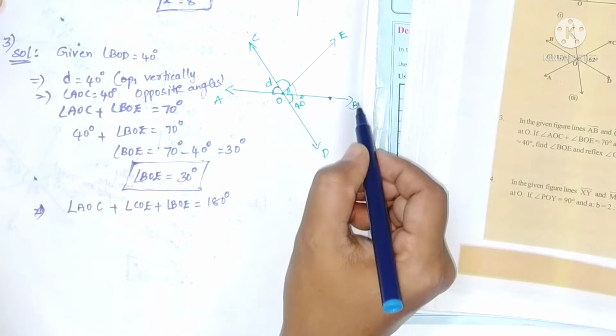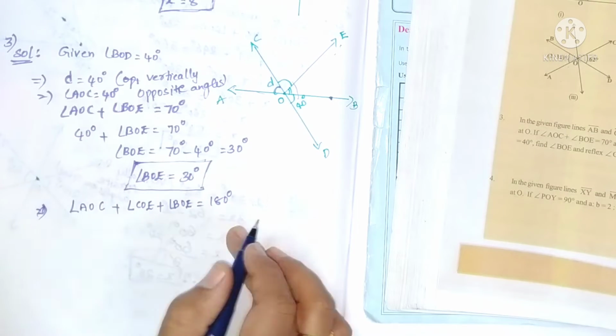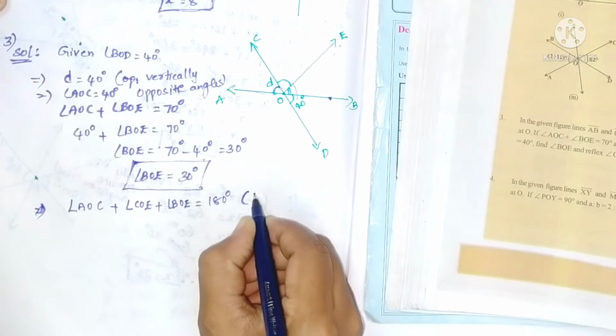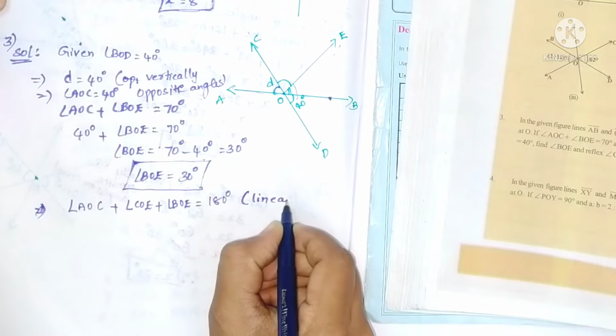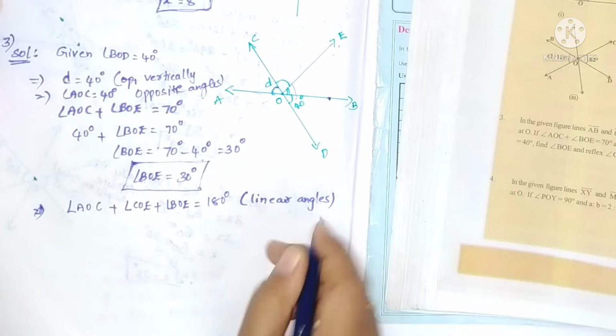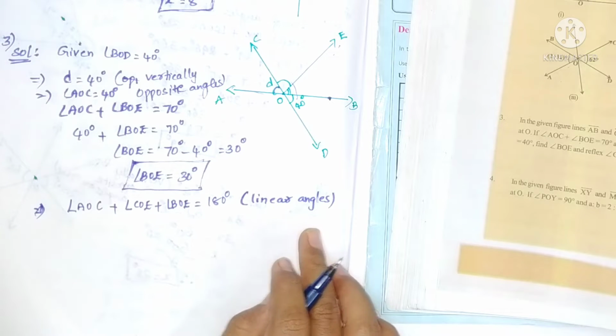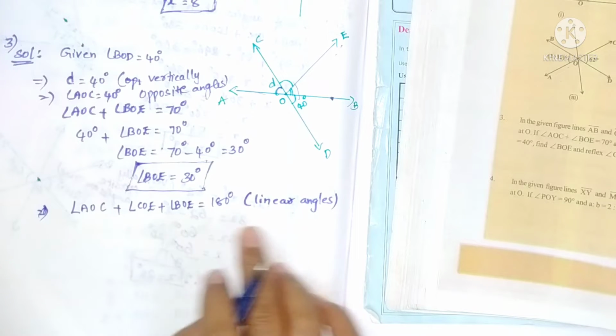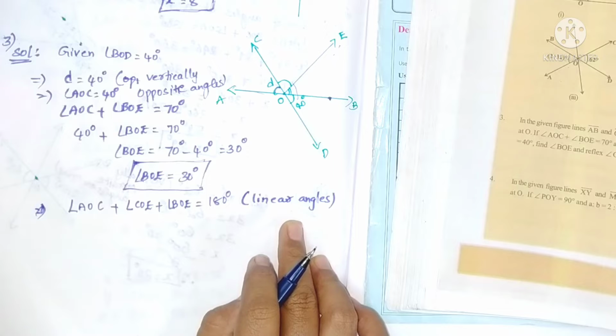So we can write them as linear angles. If two angles are there, we write linear pair. Here three angles are there, so we write linear angles. You can write linear thrice also.